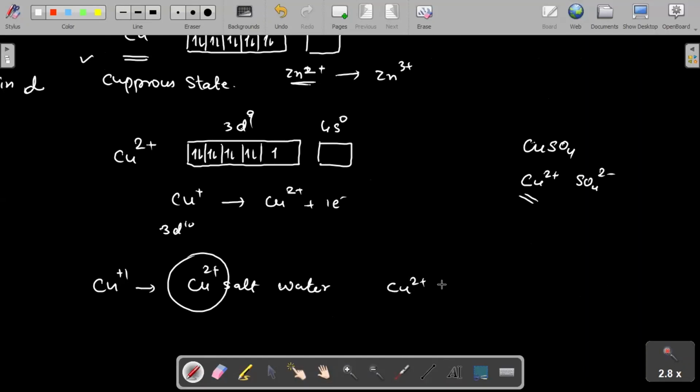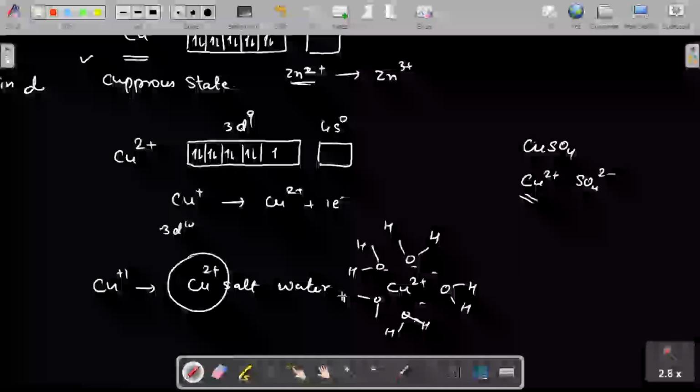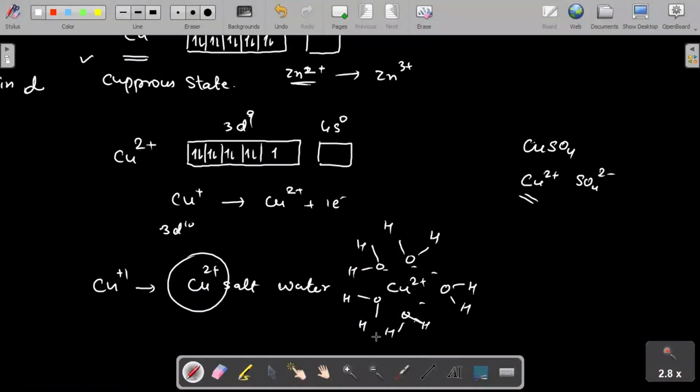What happens during the hydration? It gets surrounded by water molecules. Many water molecules surround it via oxygen being negative. We call it hydration.